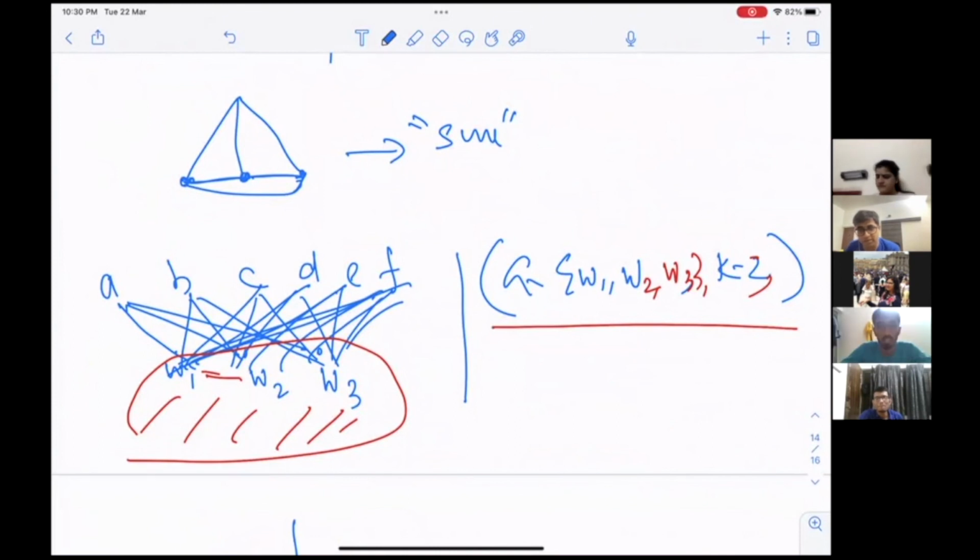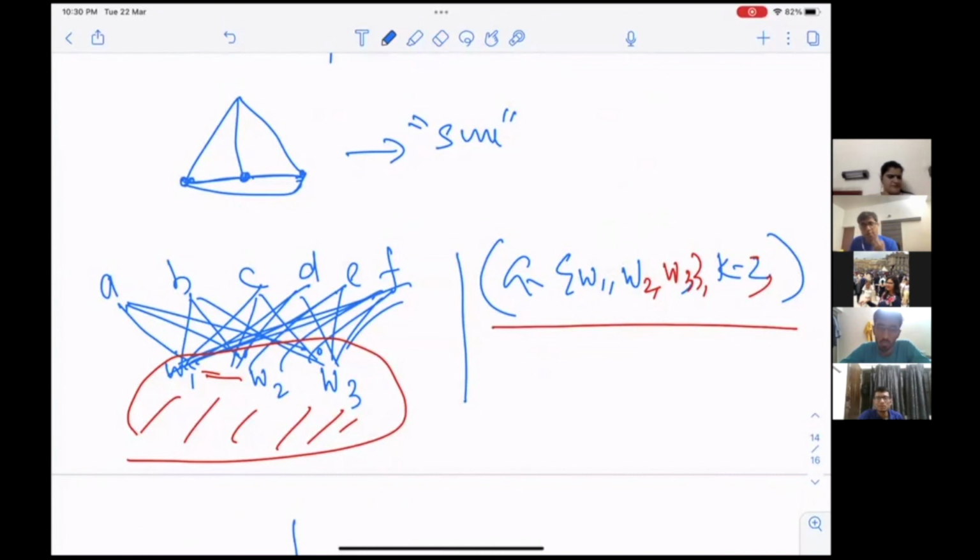Is it because ABCD is an independent set? Yes, they are an independent set, and that's perfectly correct, but that's one part of the story. We also have to say that if my solution picks some vertex from ABCD, then I can do the job from W1, W2, W3.